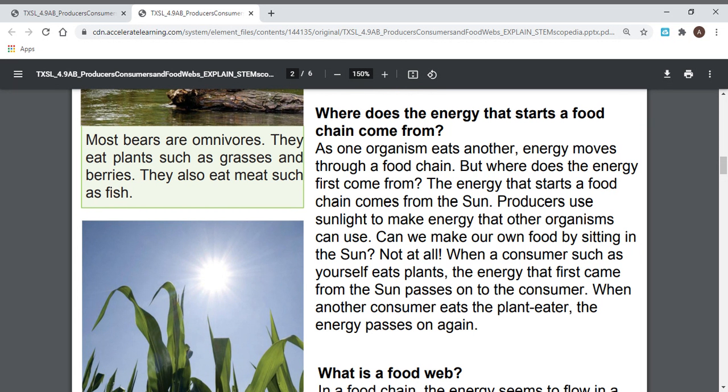Can you make your own food by sitting in the sun? Not at all. When a consumer, such as yourself, eats plants, the energy that first came from the sun passes on to the consumer. When another consumer eats the plant eater, the energy passes on again.